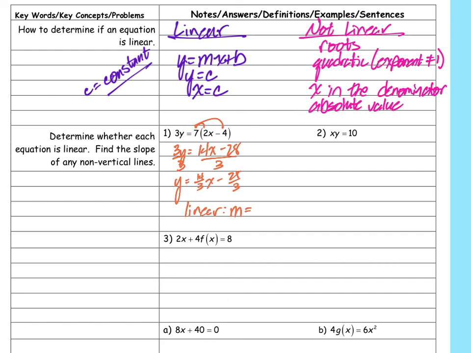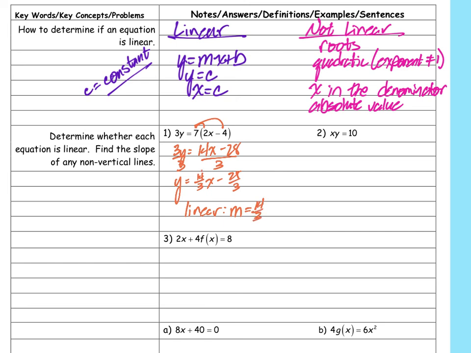You can either say it out loud or you can type it in the chat box, but I can sit here and wait for you to answer my question. What's the slope of the line on number 1 that we just got done doing? Yes, Sione, good. 14/3.